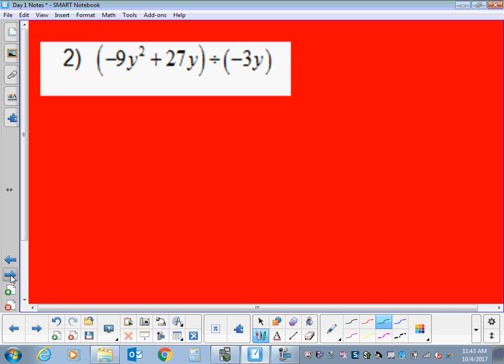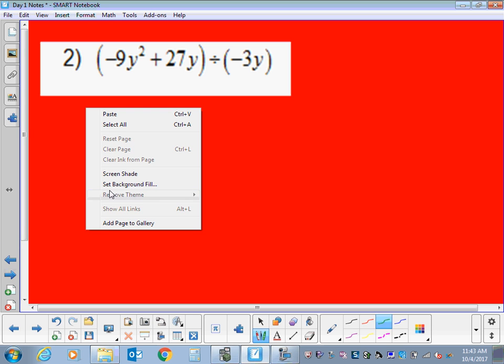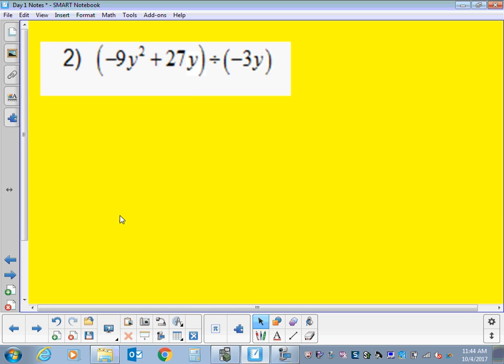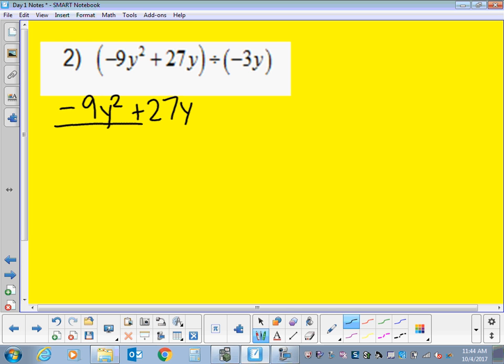Let's look at number 2. I don't like how number 2 is set up, so let's rewrite it. I'm going to make this familiar to me, which is negative 9y squared plus 27y divided by negative 3y. All I did was rewrite it.